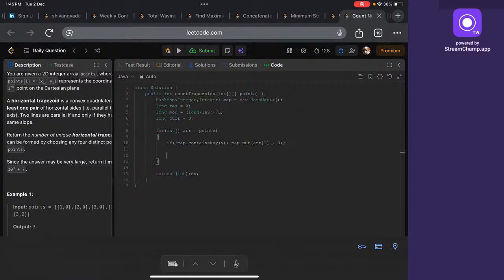Now else map dot put array of 1 comma map dot get or default array of 1.